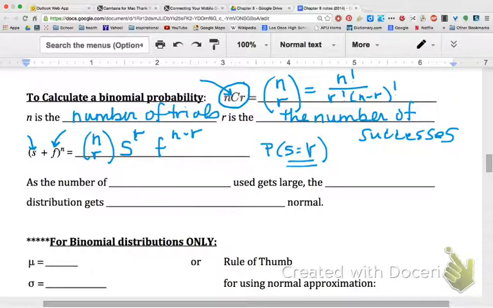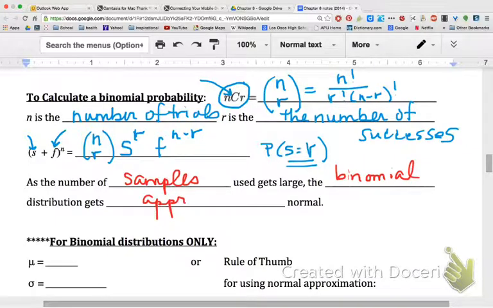And then one key concept is, as the number of samples that we use gets really large, so as N gets really large, the binomial distribution gets approximately normal.